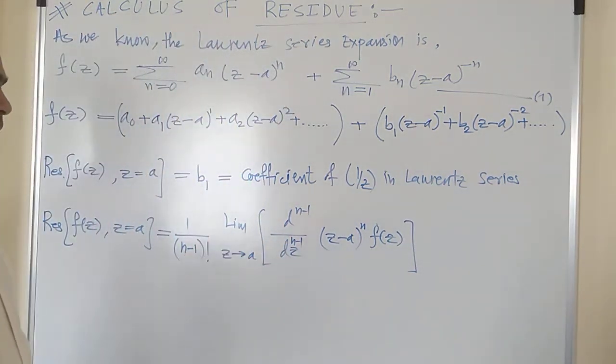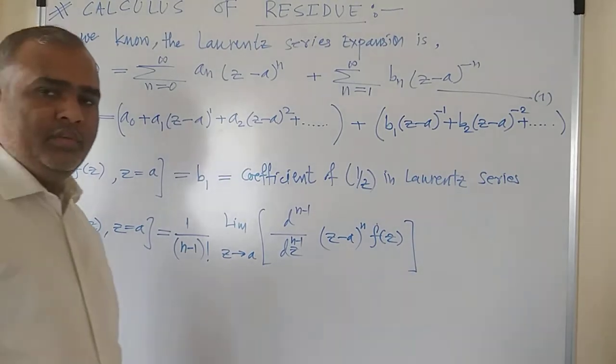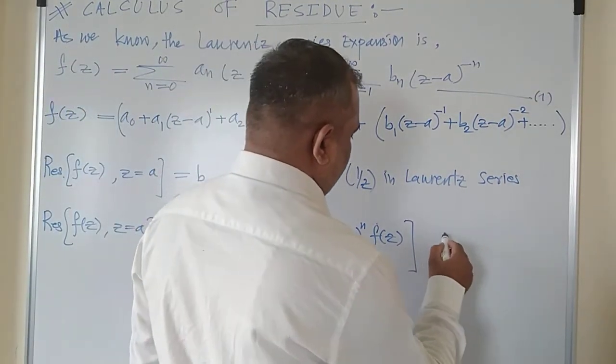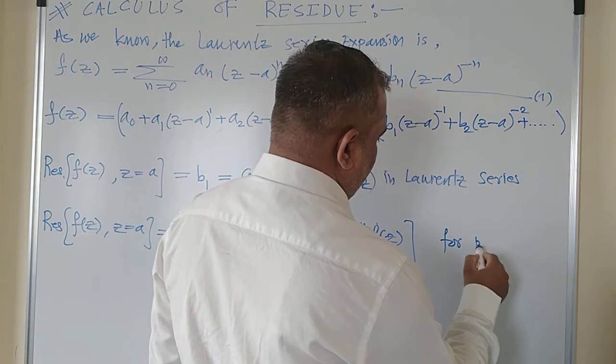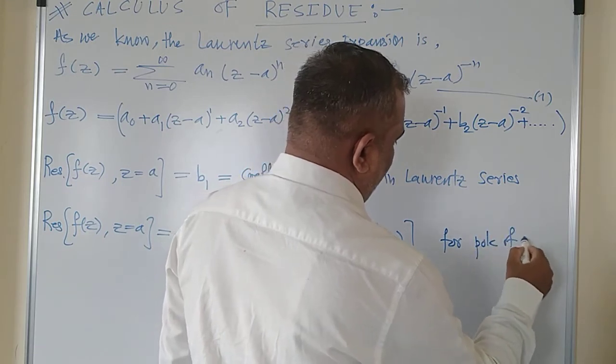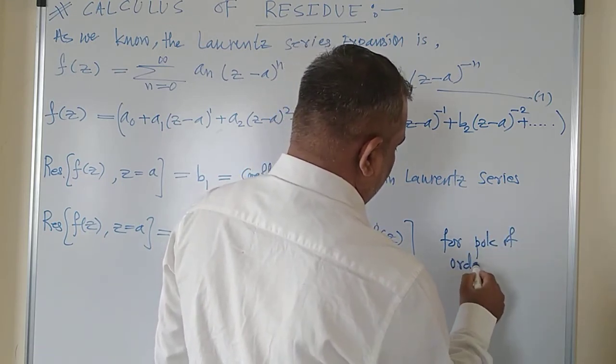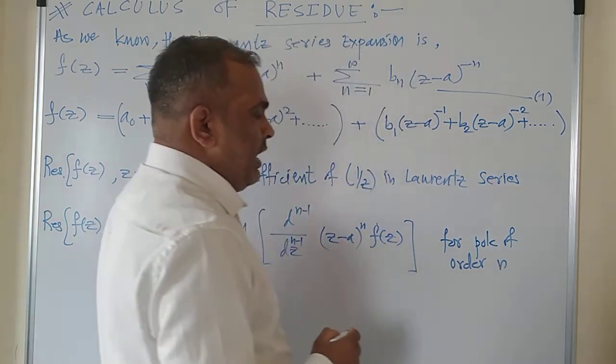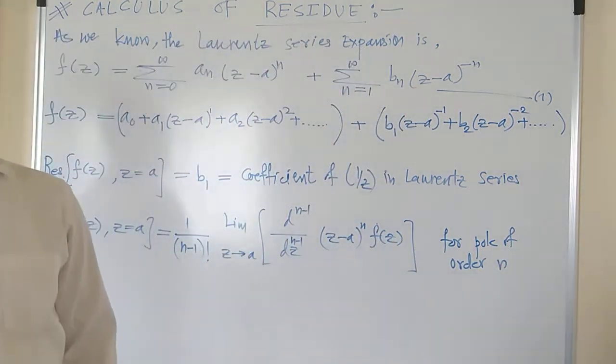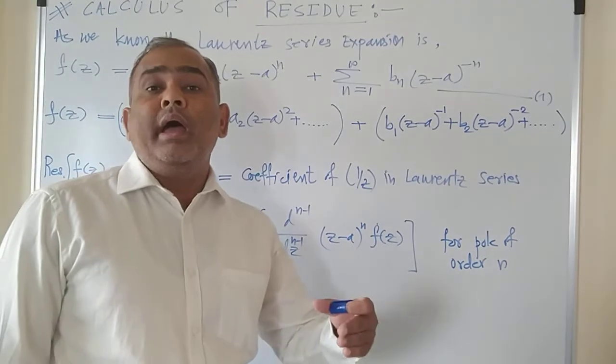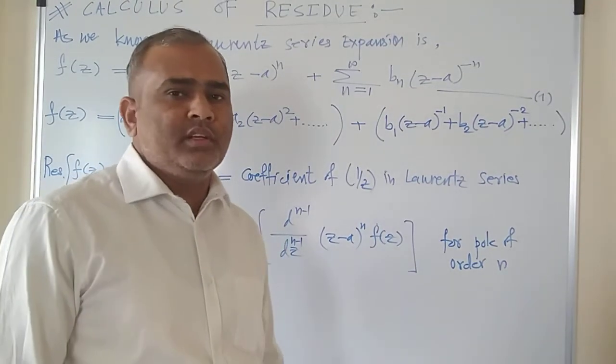So this is the formula, and it is used for a pole of order n, if the given example is not expandable using the Laurent series.